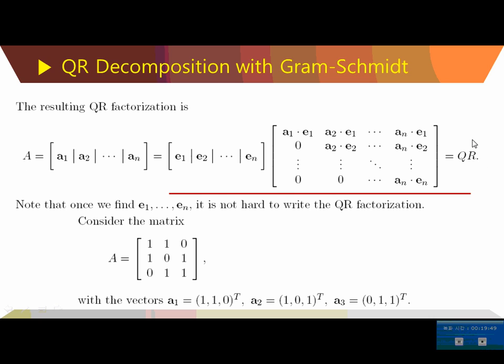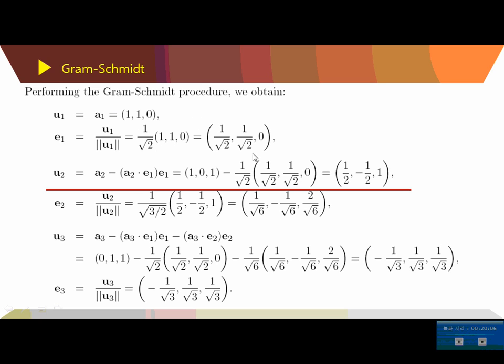So a matrix A can be written as a product of an orthogonal matrix and an upper triangular matrix with the Gram-Schmidt orthonormalization process. For example, if we have a matrix A like this, then we adopt the Gram-Schmidt orthonormalization process to find u1, u2, u3 and normalize them as e1, e2, e3.